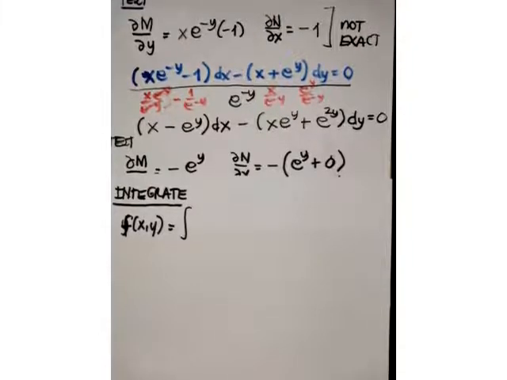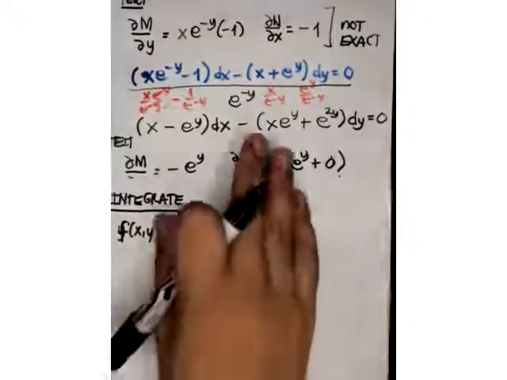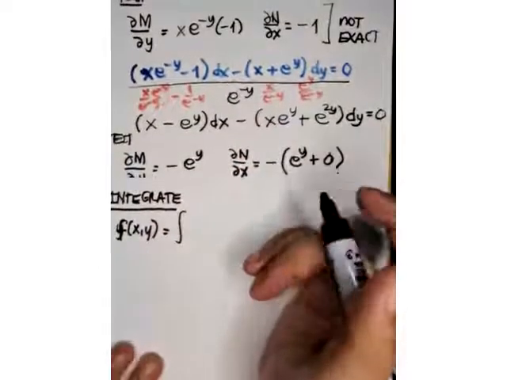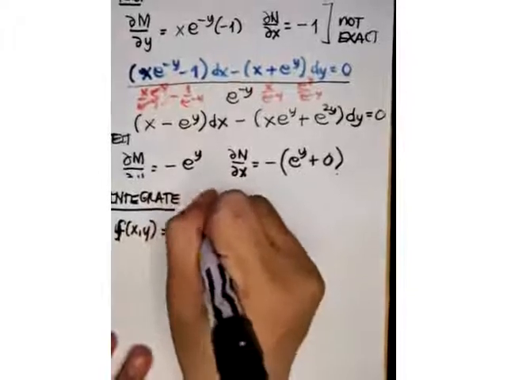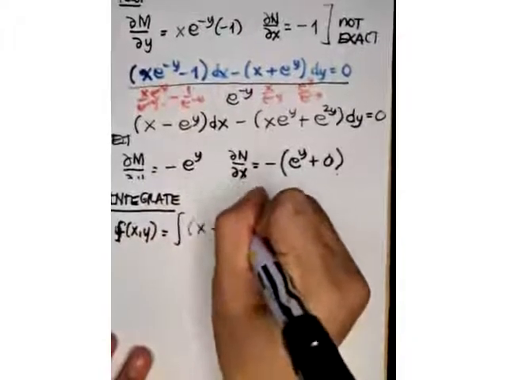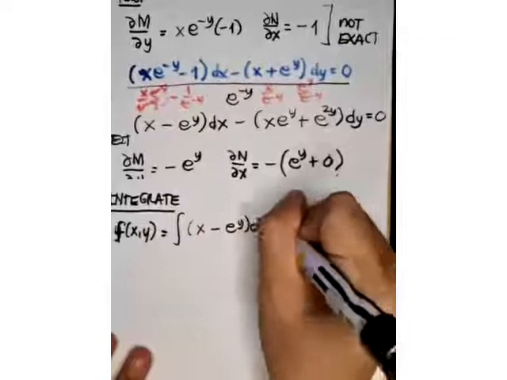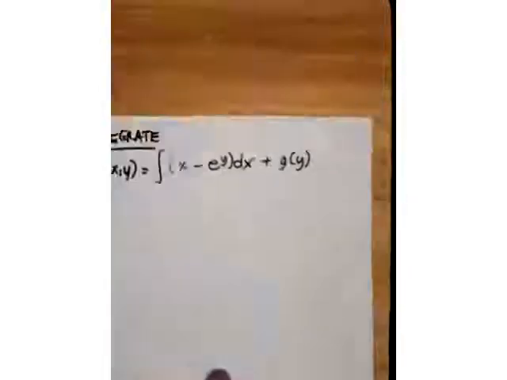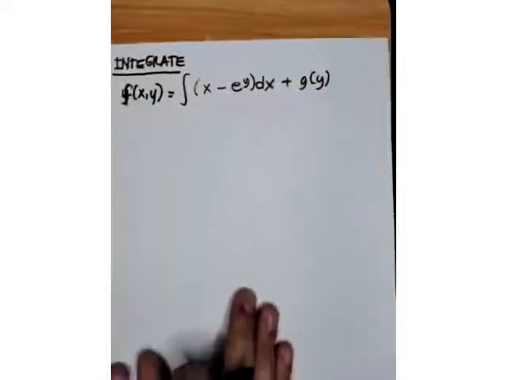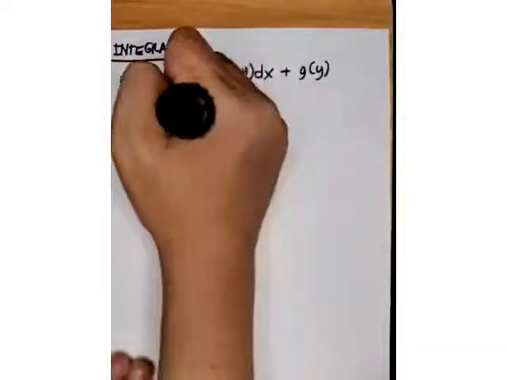Okay, so may nag-suggest M daw. Okay, so I think actually I agree. It's M. Kahit ako M. M ang pipiliin ko. So that will be the integral of x minus e raised to y dx plus g of y, which is our arbitrary constant.